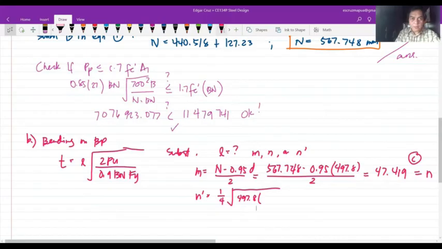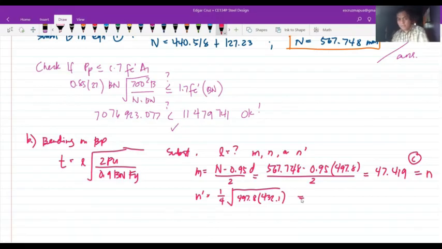So, yan yung BF. So, yung N prime ni Thornton is square root of 497.8 times 432.1, divided by 4. Okay, 115.947. Store ko sa D.